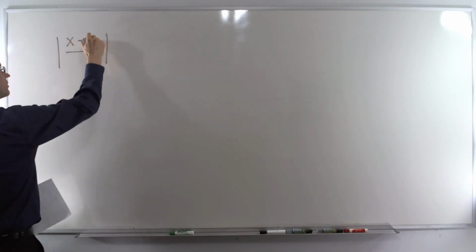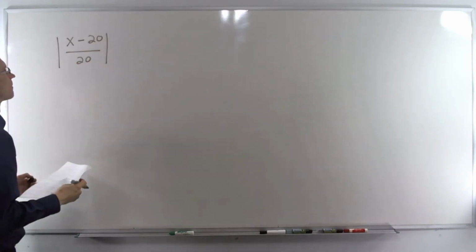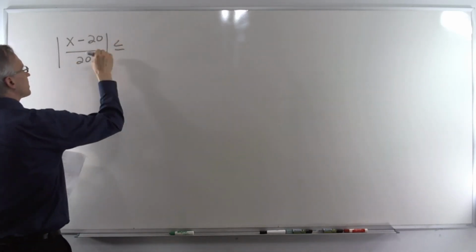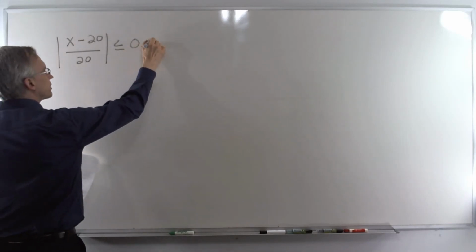All right, our ideal weight is 20 ounces, so we'll put in 20 for x sub t. And we want this relative error that we're calculating here to be less than or equal to 3%, or 0.03.